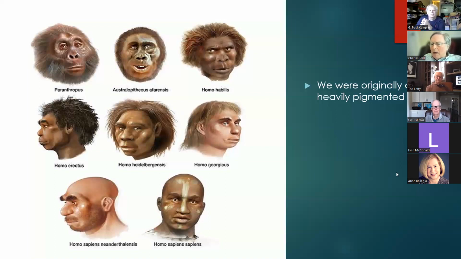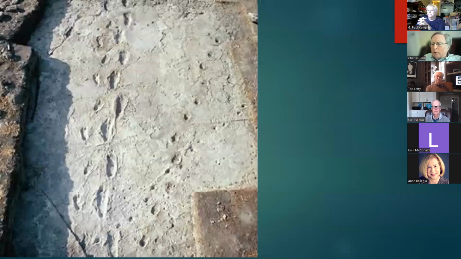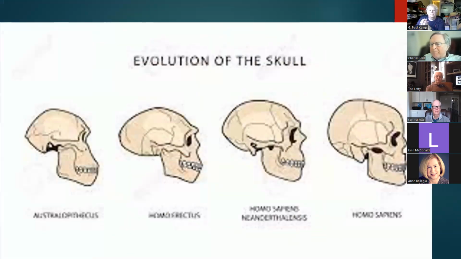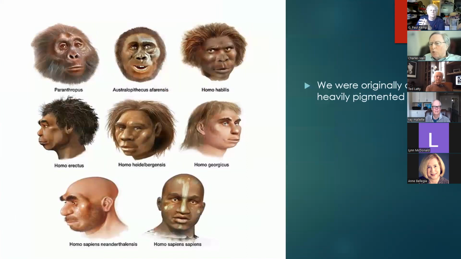And when my ancestors, and I guess most of the folks here, went out of Africa, out of a warm environment into a cooler environment, we couldn't make enough vitamin D. And natural selection apparently took the melanin out of our skins so that we were able to make enough vitamin D so our bones wouldn't break.